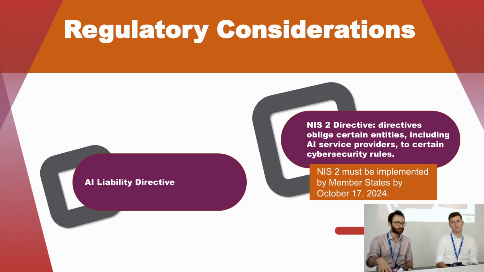The logic here is that if you are hit by an autonomous car and want to sue the manufacturer for damages, you, as an individual, will never be able to obtain the information necessary to provide evidence to the court that it was the fault of the AI and not somebody else.